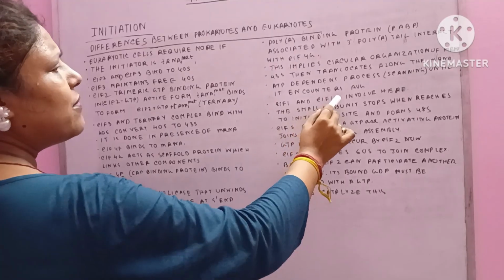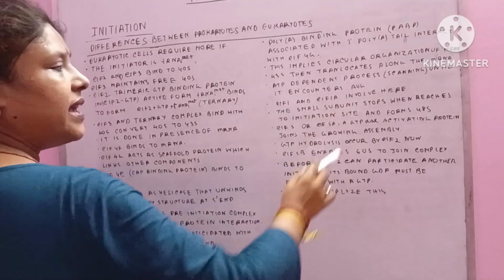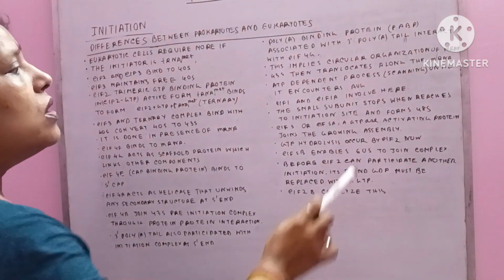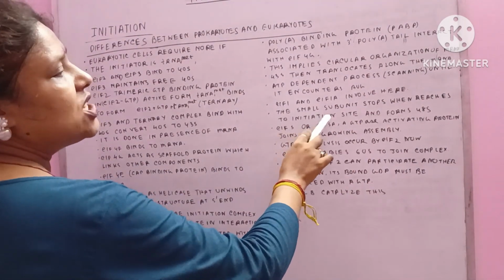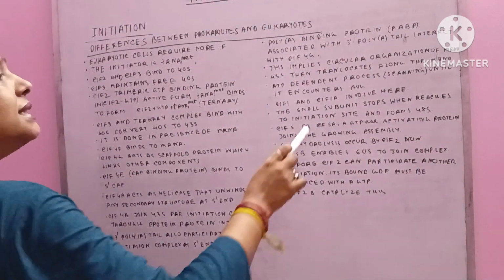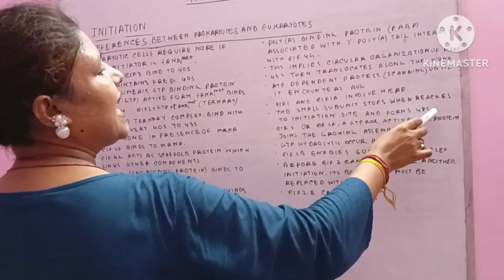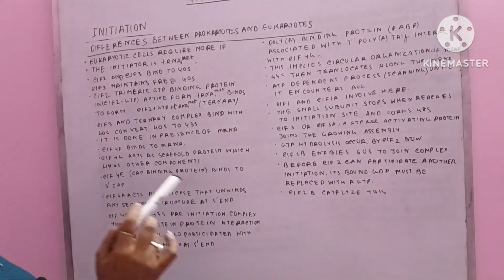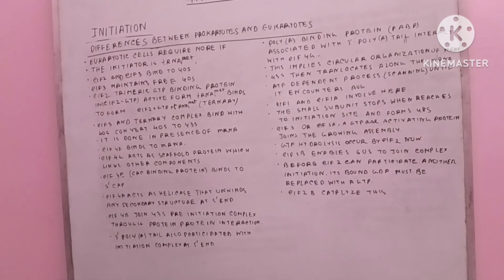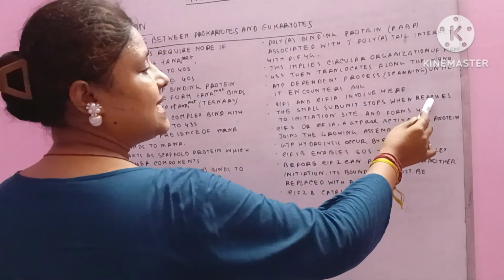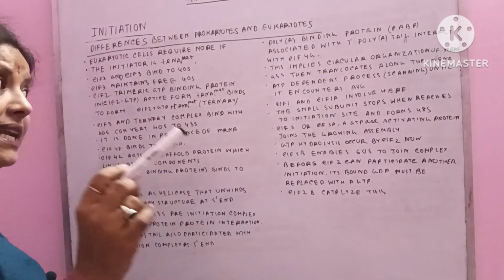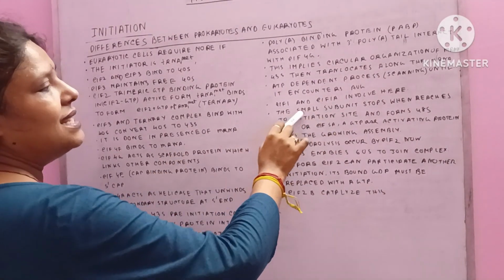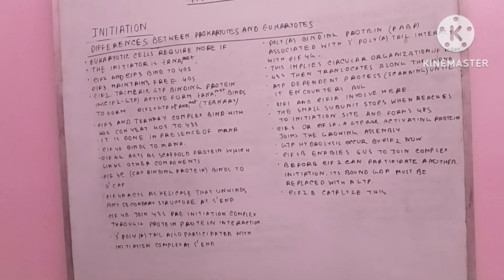EIF1 and EIF1A are involved here, and the small subunit stops when it reaches the initiation site, and there forms the 48S ribosomal subunit.